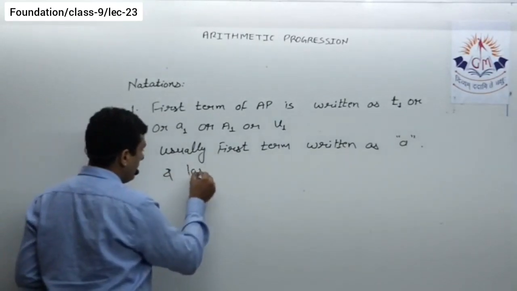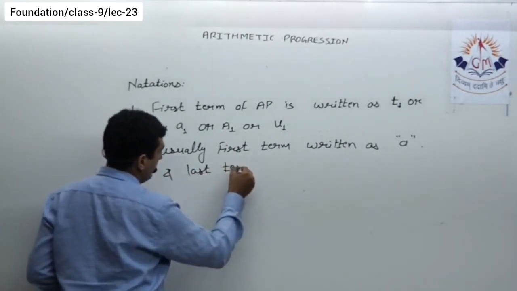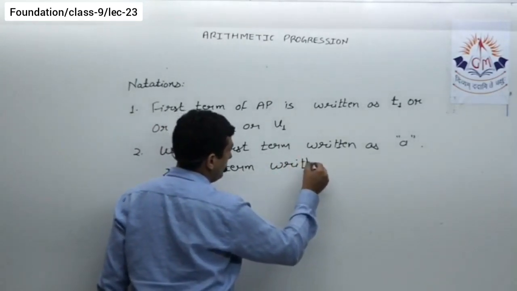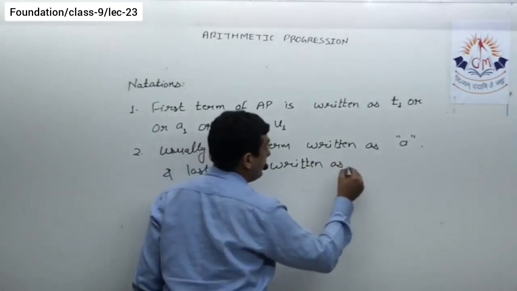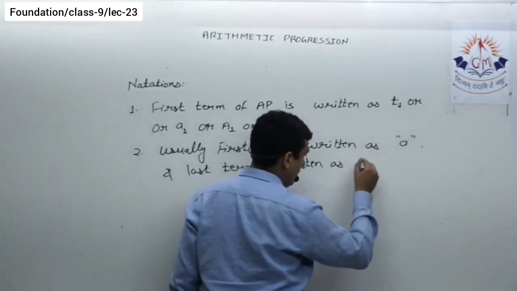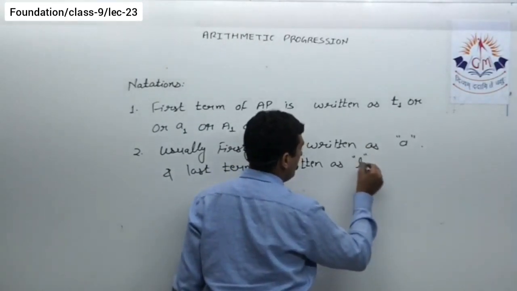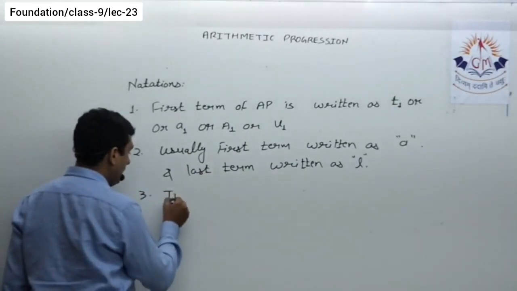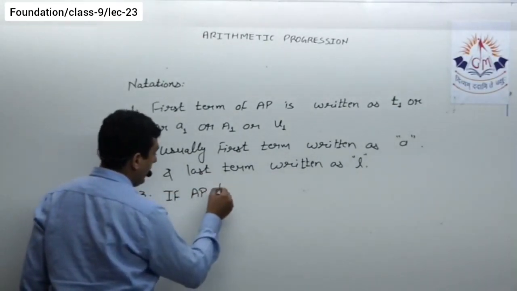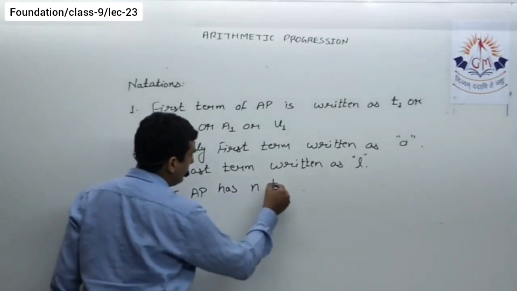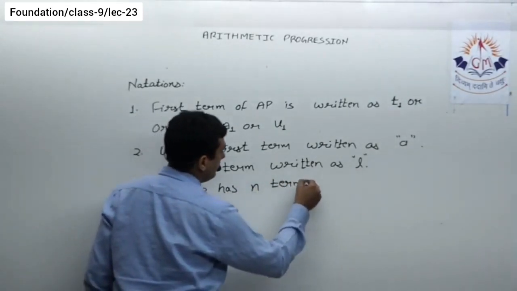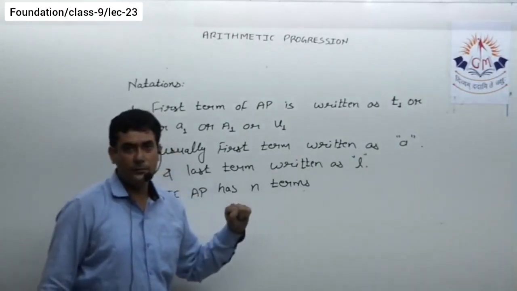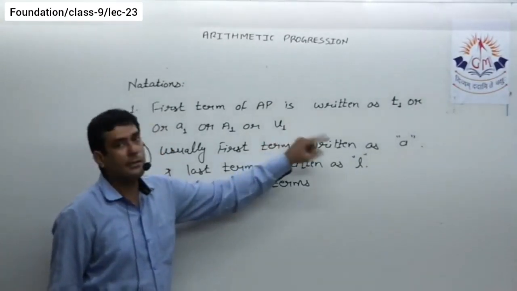And the last term is written as L. Suppose AP has n terms, for a while 7 terms, so we can say the 7th term will be the last term. That means T7 is the last term.